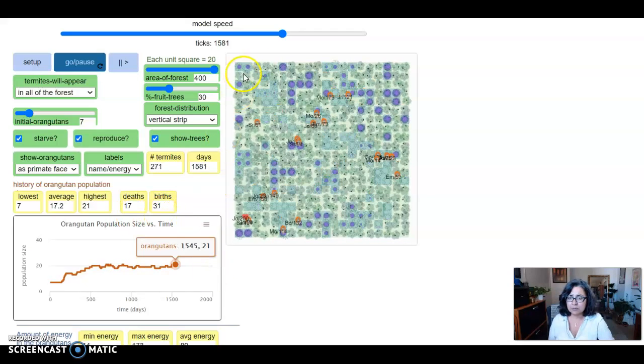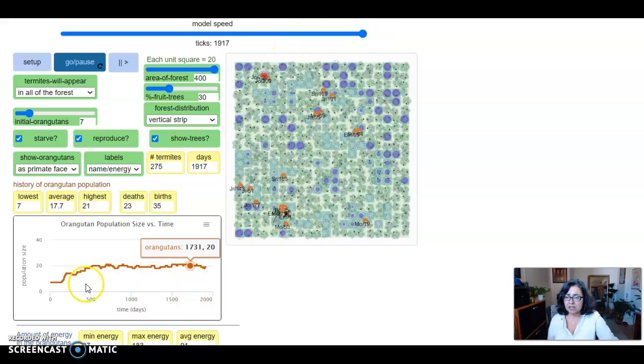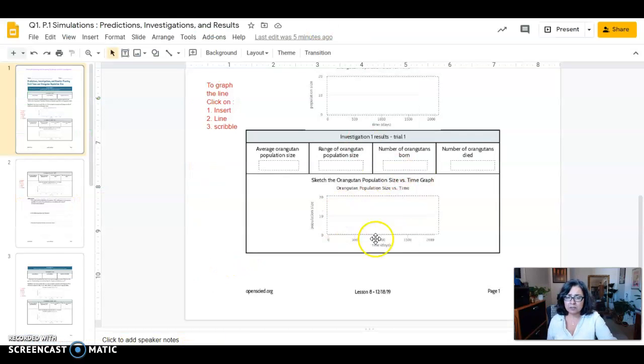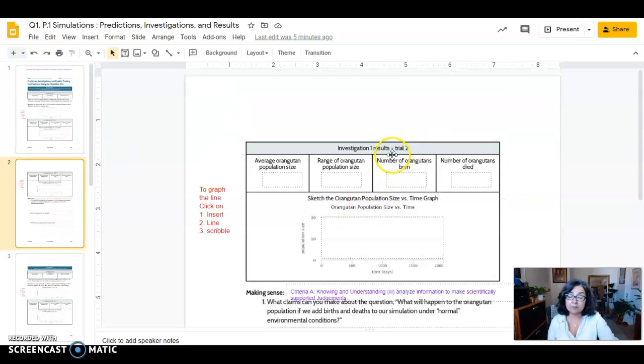And once this simulation is over, you're going to see what this graph looks like and copy this right into your table over here. Okay, so you're going to copy it by following these rules on how to make that. Once you finish that, then you're going to run your second simulation, or second trial, for that first one.